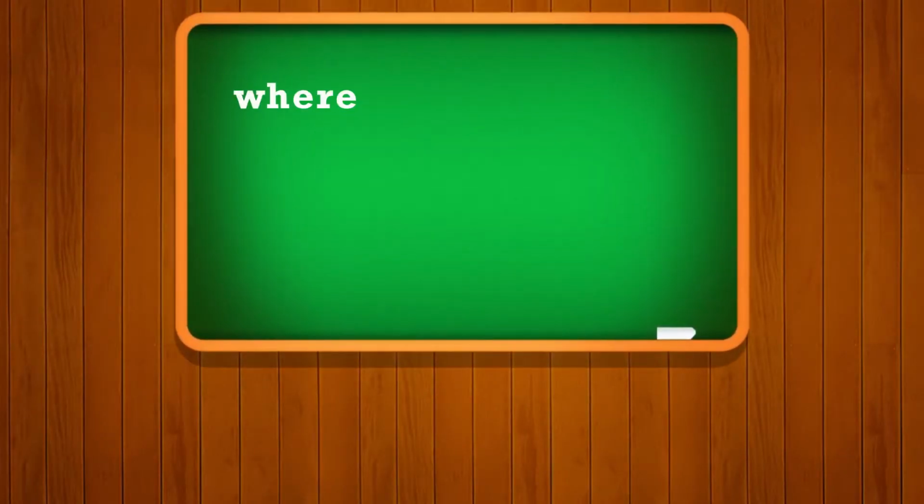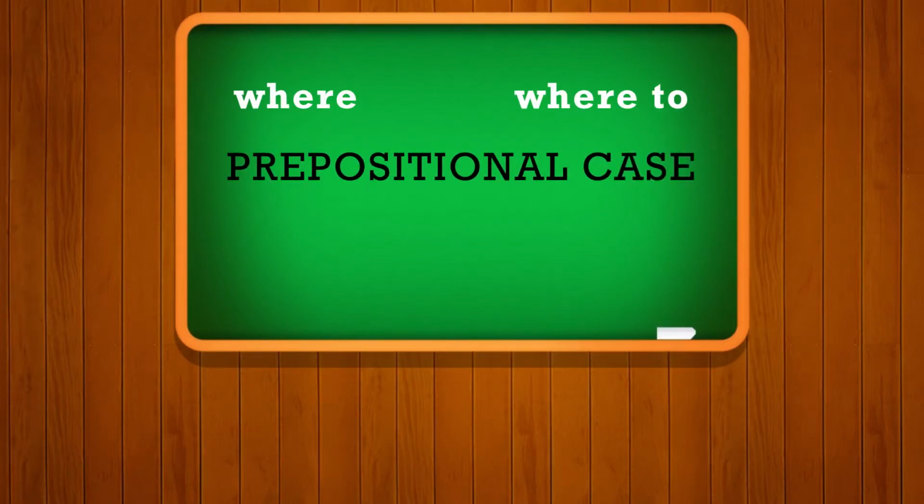In the Russian language, expressions like "where" and "where to" are often used through a comprehensive system of grammar rules. To be very precise, this system where we use prepositions like "where" and "where to" is known as the prepositional case.